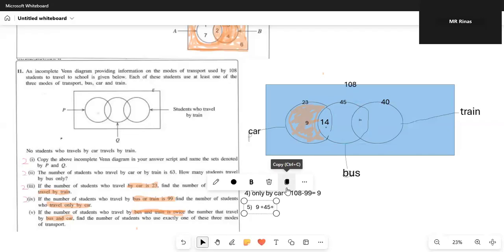And here we know that this portion is 28.